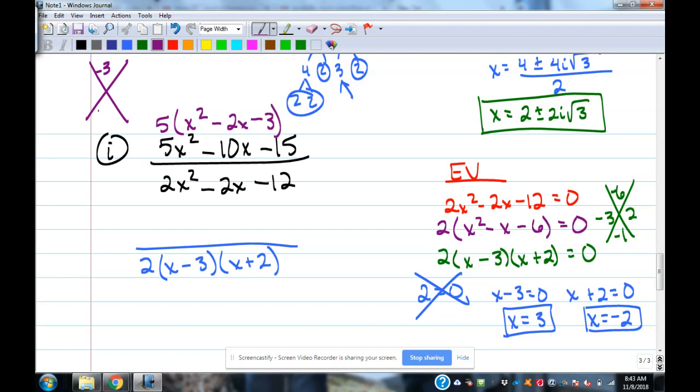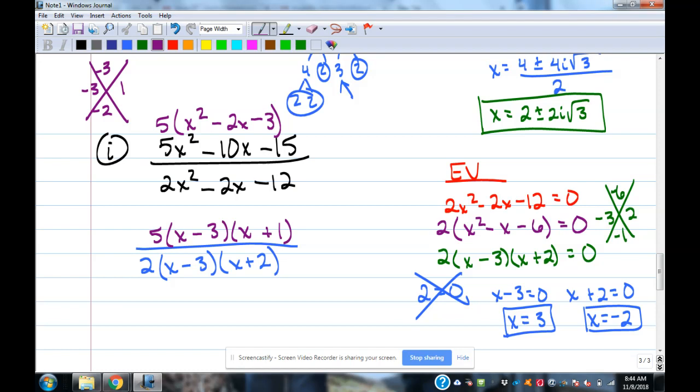Negative 3 and 1. So that's going to be factors of 5, x minus 3, and x plus 1. Okay. What cancels?